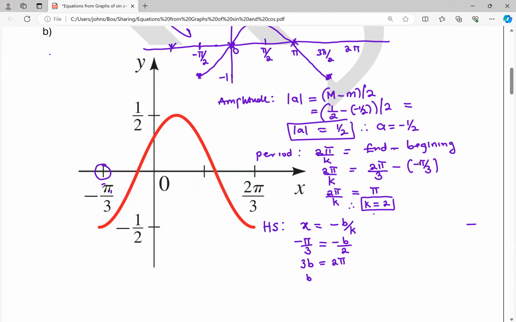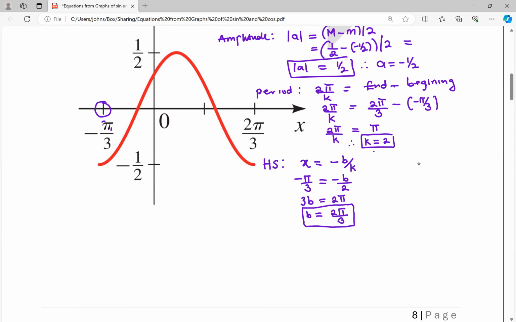All right, so now what do we do? We go for the maximum value. We can use the maximum value or we can use the minimum value. Let's use the minimum value in this case to find the C. The minimum value, remember, is going to be minus absolute value of A plus C. And what is the minimum value on the graph? It's minus half.